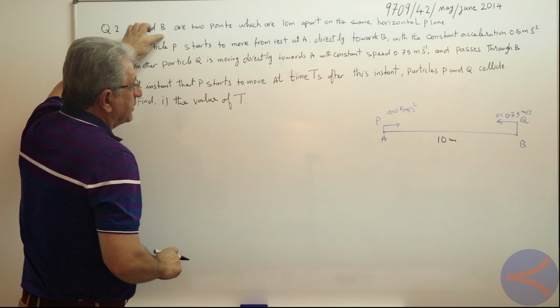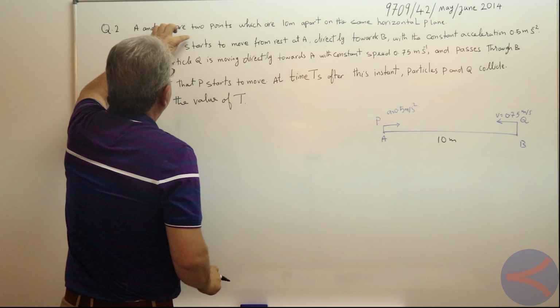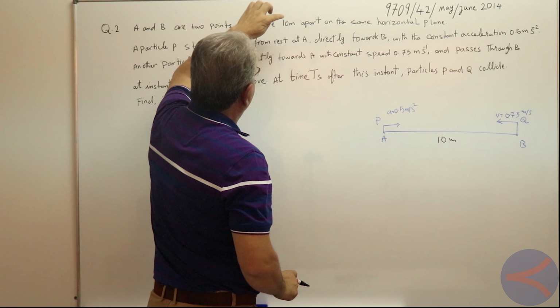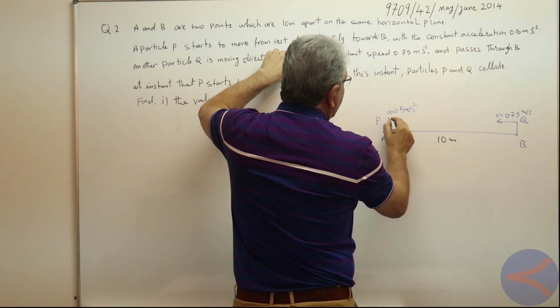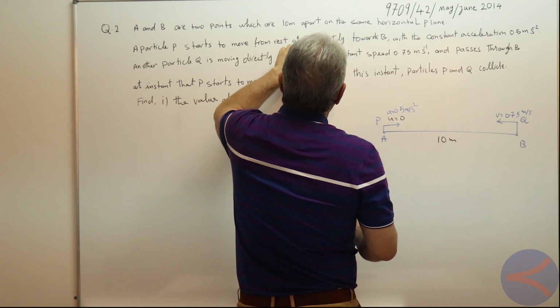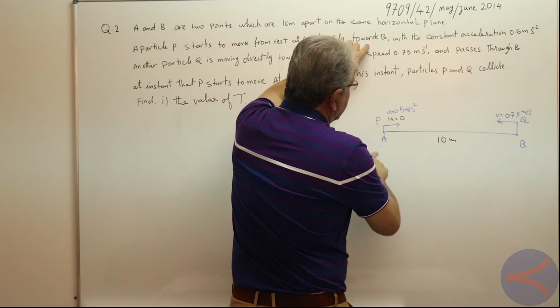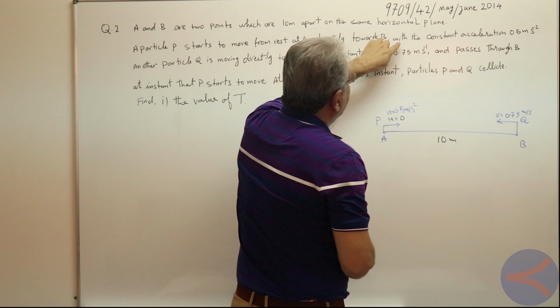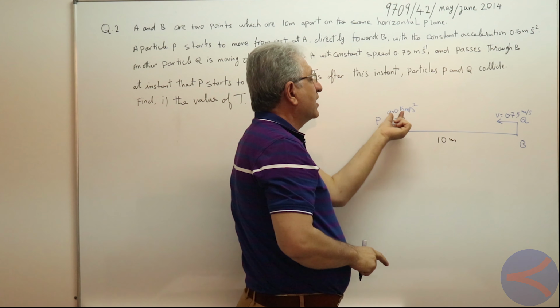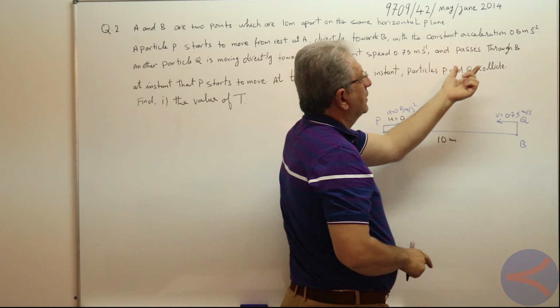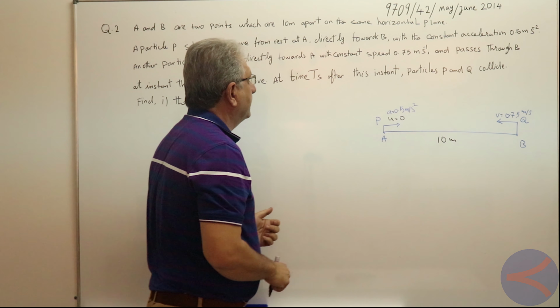A particle P starts to move from rest at A, therefore u is equal to 0, and directly towards B with a constant acceleration of 0.5 meter per second squared. This is the acceleration of particle P.